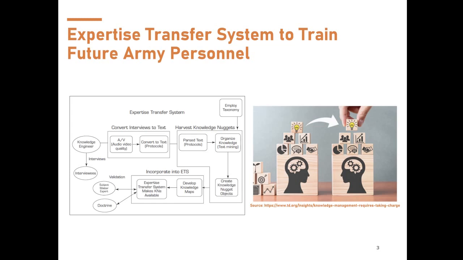the expertise transfer system, whose illustration you see in this slide, was created by the Spears School of Business at Oklahoma State University. The ETS expertise transfer system was designed for the Defense Ammunition Center in Oklahoma, specifically for Army ammunition related careers.